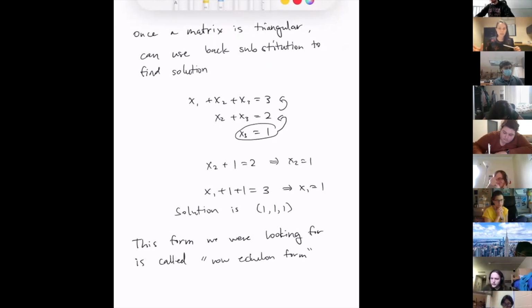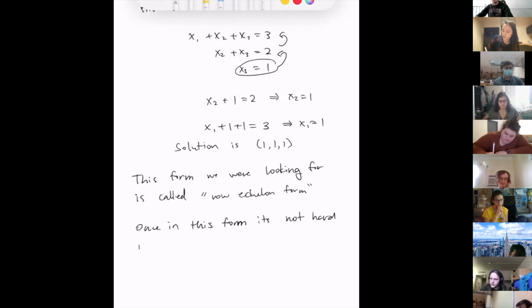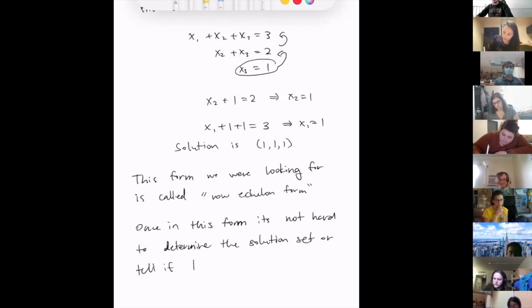And it's nice because we can pretty easily determine the solution set or figure out if a system is inconsistent from this, okay? So once in this form, it's not hard to determine the solution set or tell if the system is inconsistent.